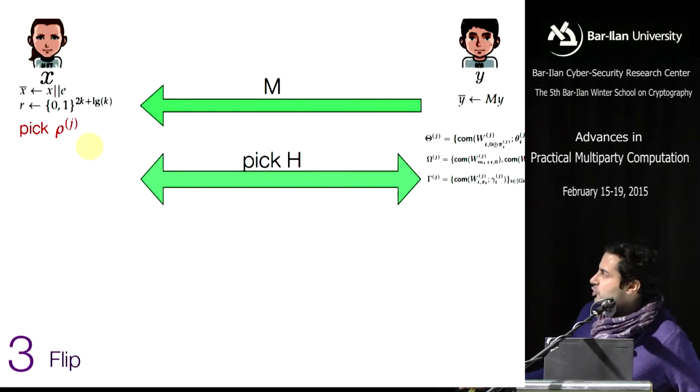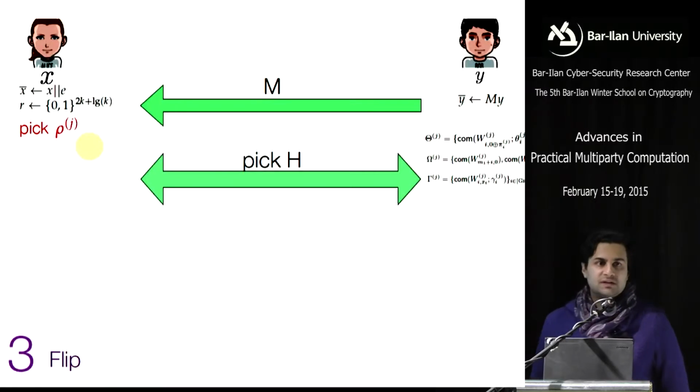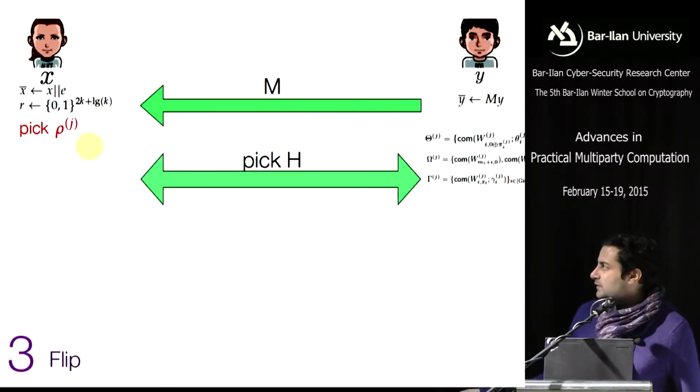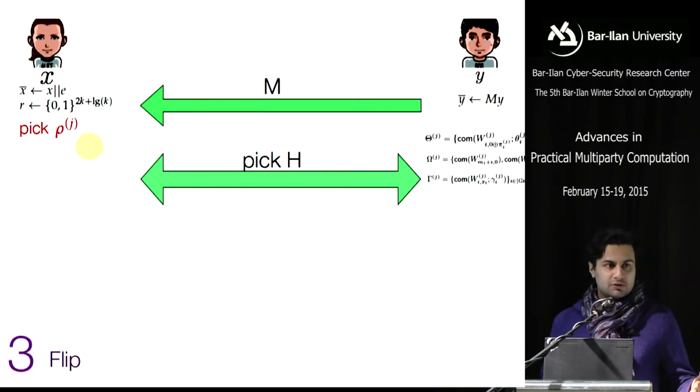They will then choose this H. The H function is the one that's chosen in order to do input consistency, this two-universal hash function that we just talked about. As I mentioned, Alice has to first commit her inputs, and then we have to select that function. So we'll do coin tossing in order to select that.